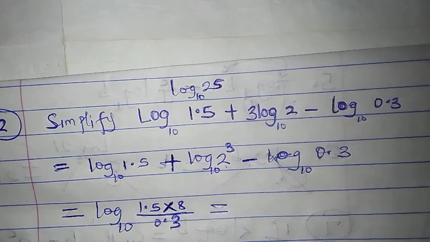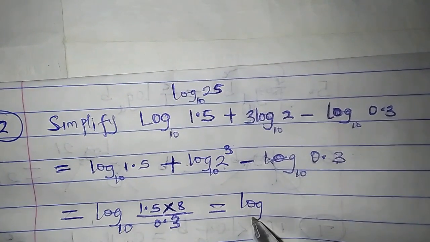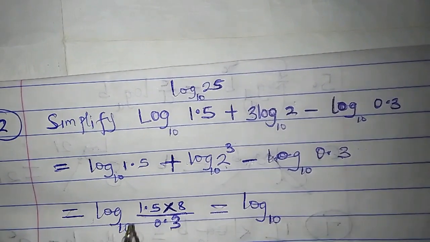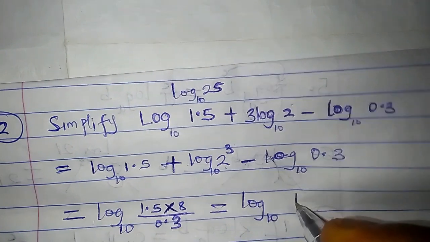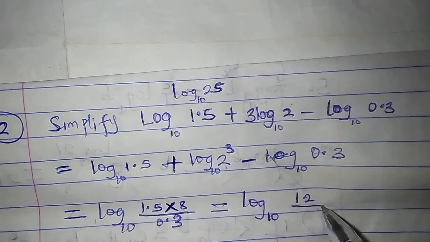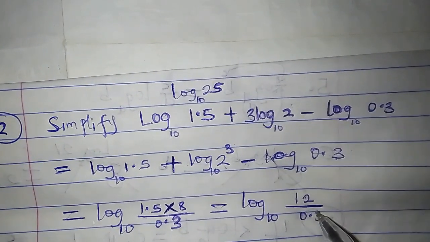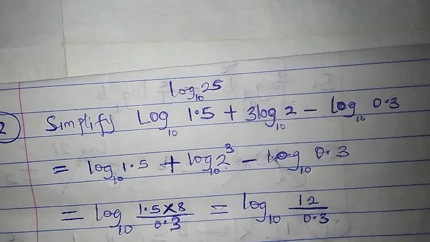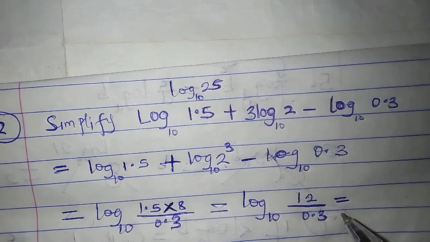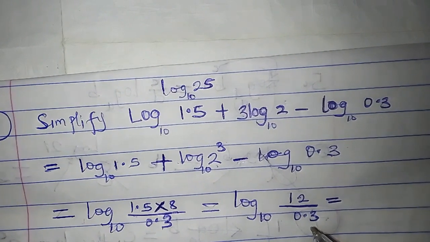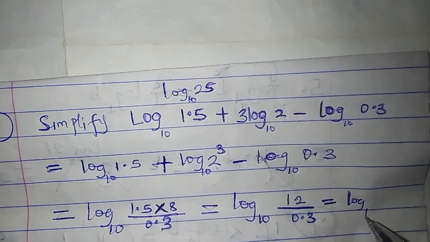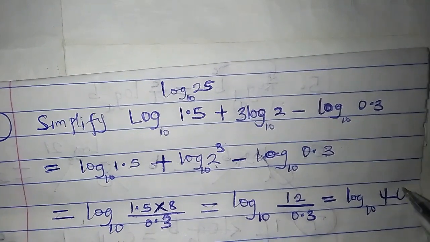This is now equal to what? Log to base 10. 1.5 times 8 is equal to 12. Then all over 0.3. And 12 divided by 0.3 is 40. So this is now log to base 10 of 40.